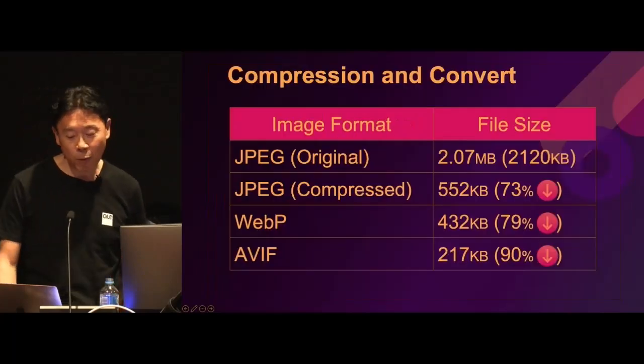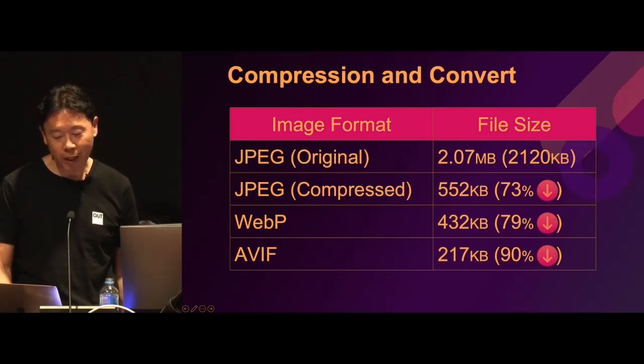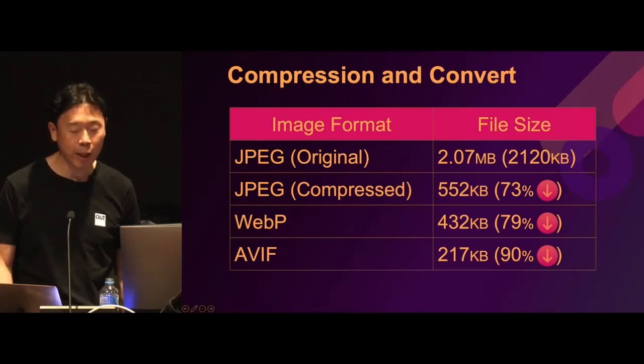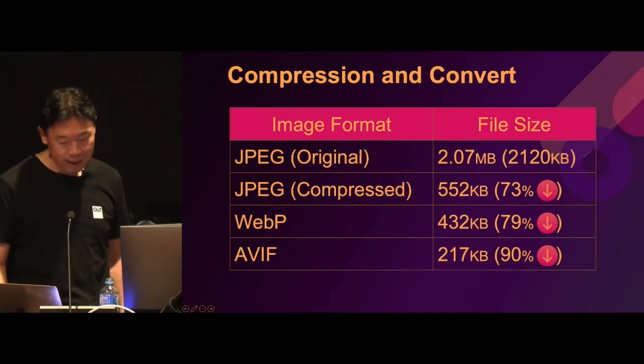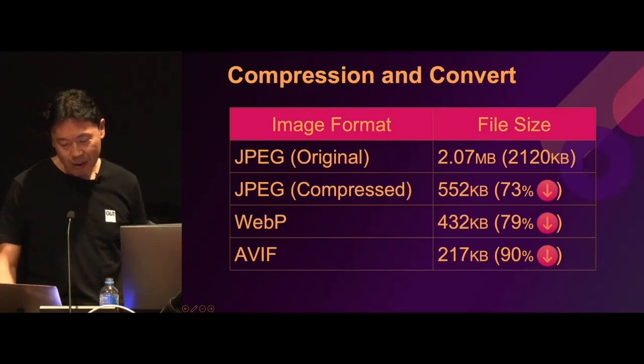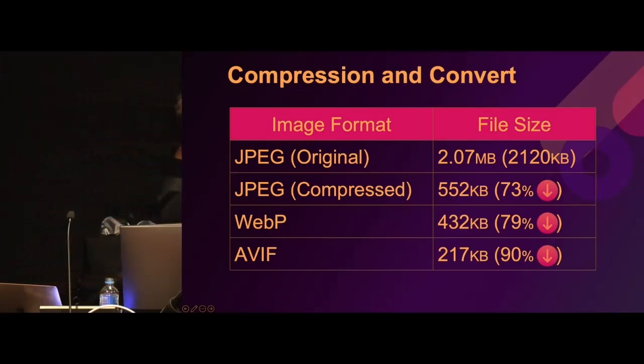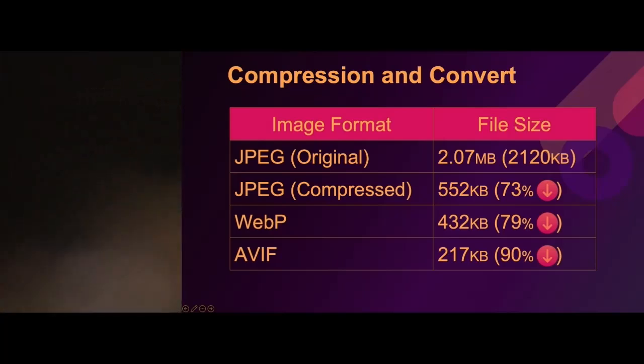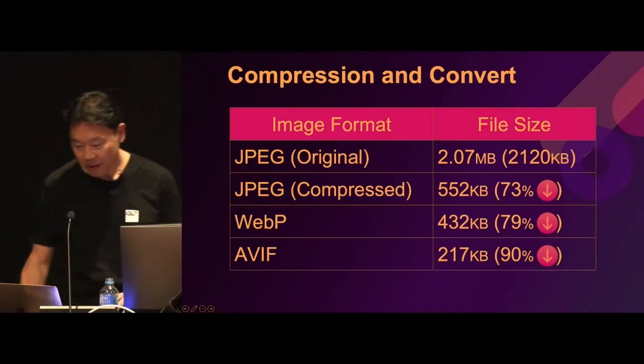One of the easiest ways to reduce the size of your image without sacrificing too much quality is to compress them. When you compress an image properly, you can shrink its file size dramatically without really noticing any difference in quality. Look at the second row in the table, JPG compressed.